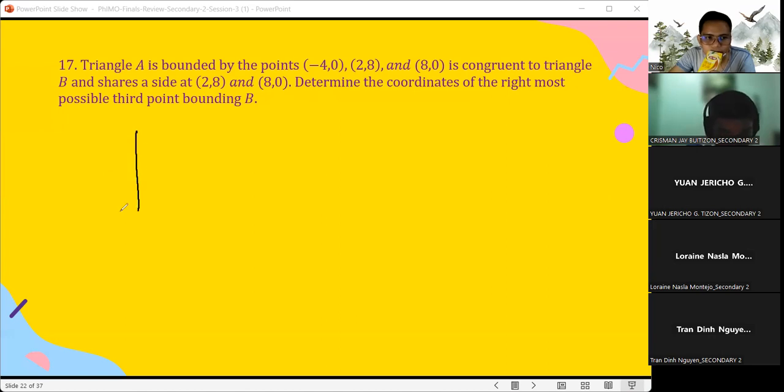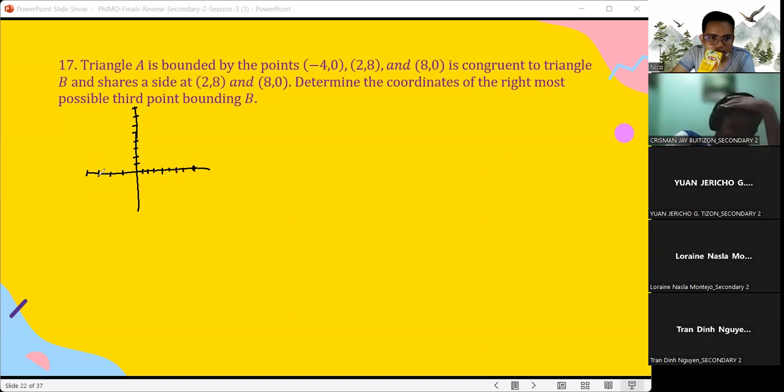So if you're going to draw this one, it's negative 4, 0, then 2, 8, then 8, 0. 1, 2, 3, 4, 5, 6, 7, 8.